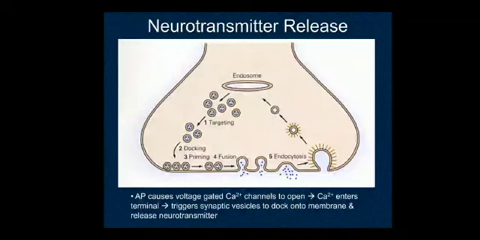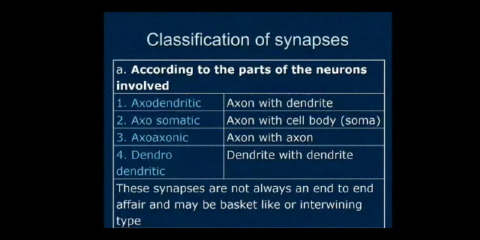So this is how the mechanism occurs, that is how the action potential or the synaptic transmission occurs. So that is about the mechanism of the synaptic transmission.